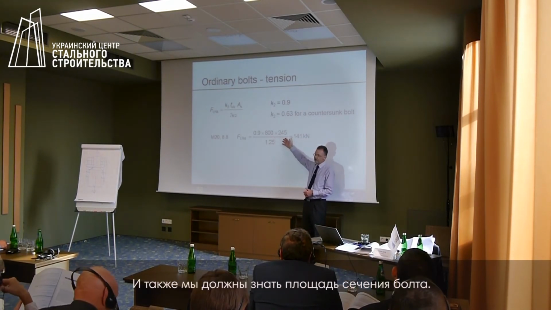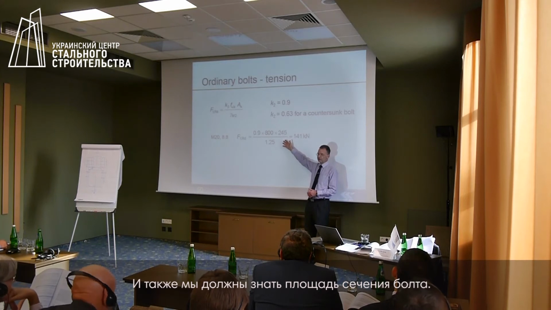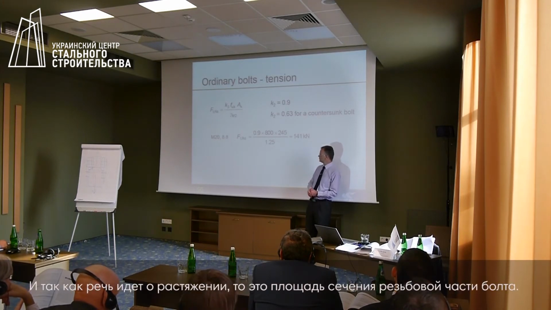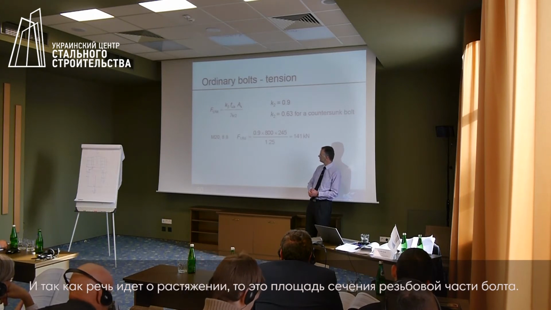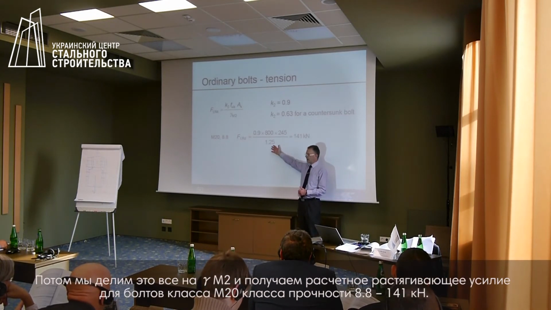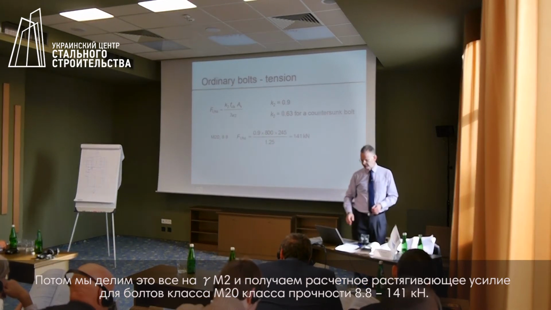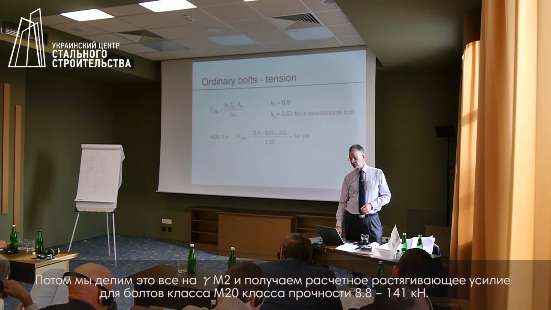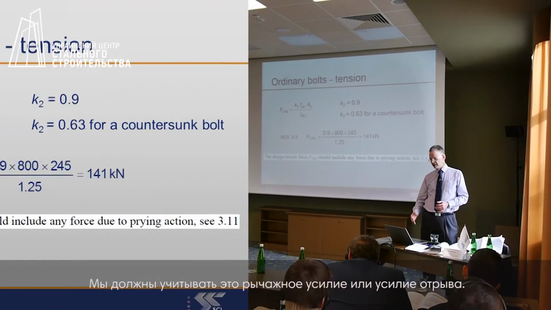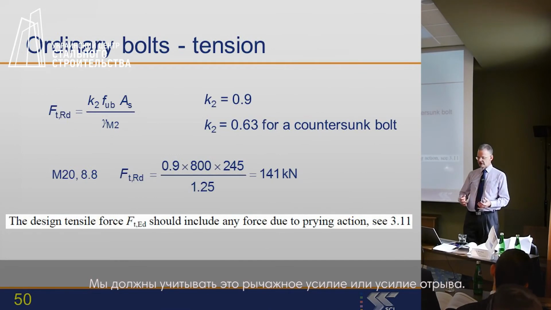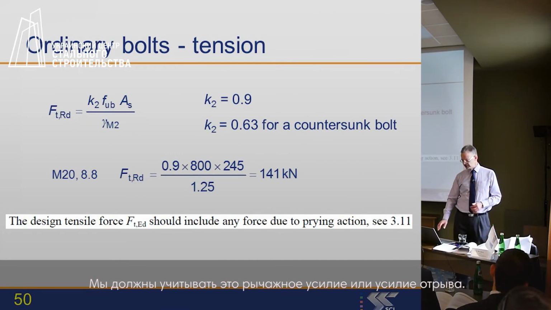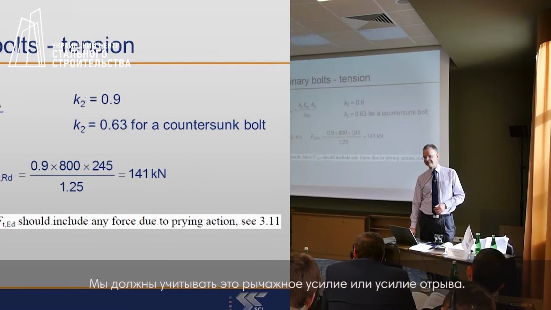And then we need the area, and of course the area now in tension will be the area through the threaded part of the shank, divided by gamma M2. The resistance of an M20 8.8 in tension is 141 kilonewtons. But what about that note that said the design force must include the prying action?